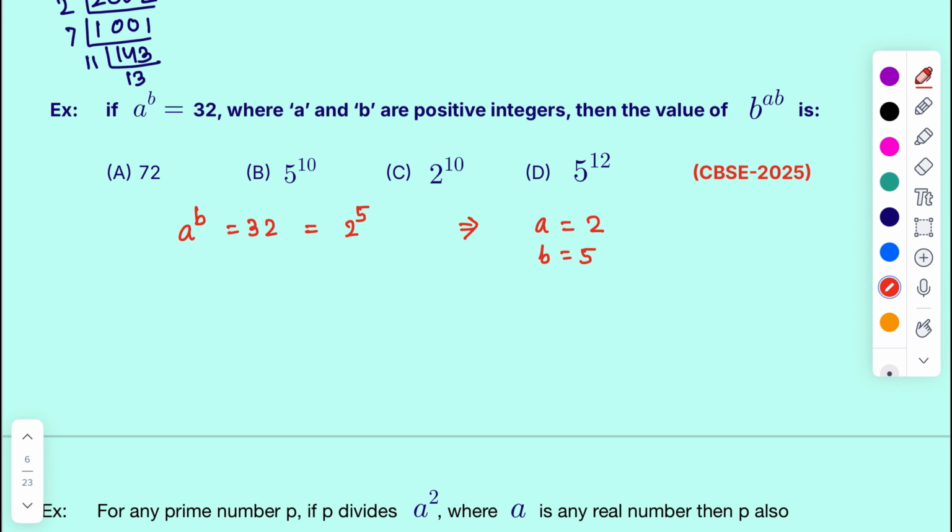Now we have to find the value of b to the power ab, which is equal to 5 to the power 2 multiplied by 5, that is equal to 5 to the power 10. So option B is correct.